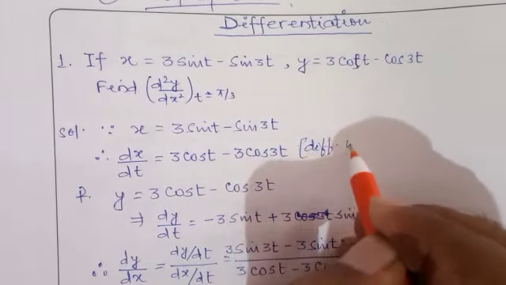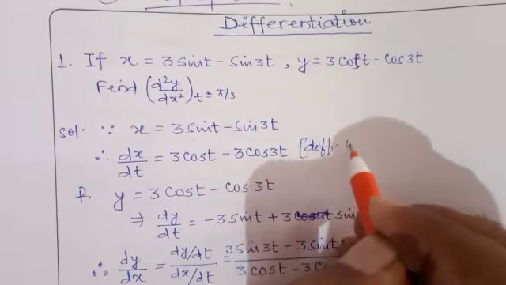Differentiation of sin t is cos t, and differentiation of sin 3t is cos 3t, and differentiation of 3t will be 3. So differentiation of x with respect to t will be 3 cos t minus 3 cos 3t.